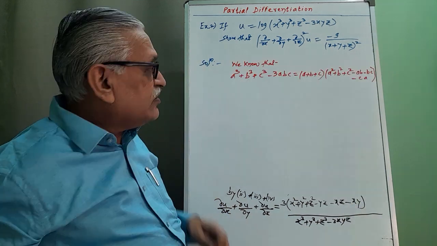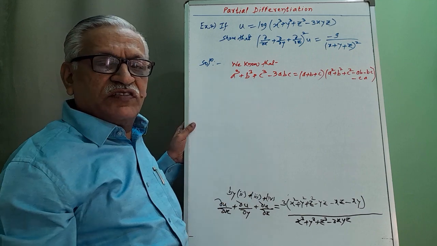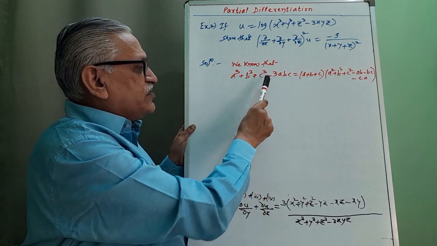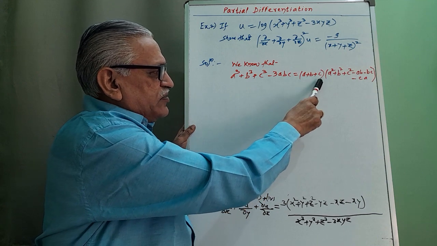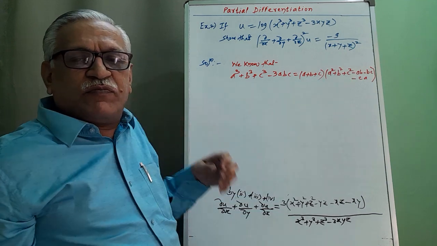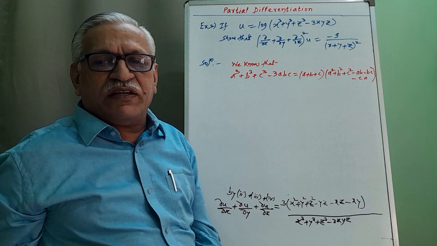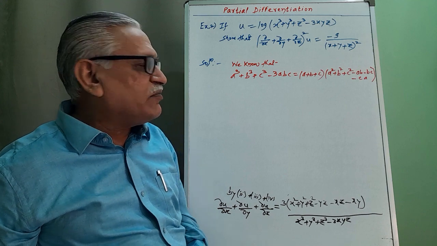We know this result: a cube plus b cube plus c cube minus 3abc is a plus b plus c multiplied by a squared plus b squared plus c squared minus ab minus bc minus ca.